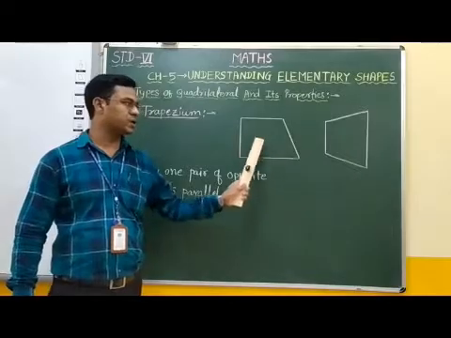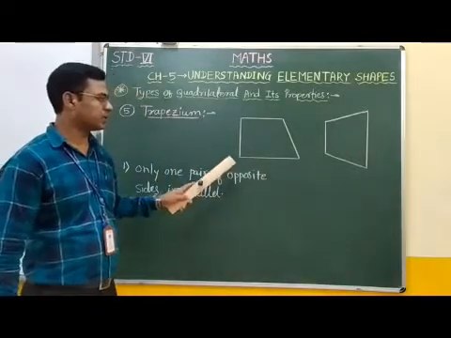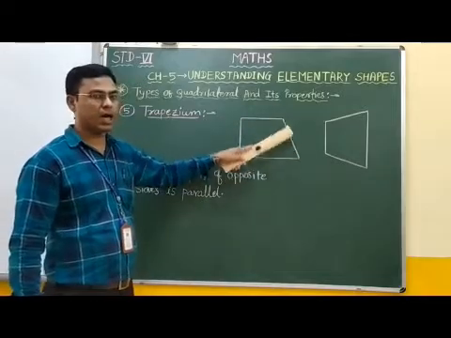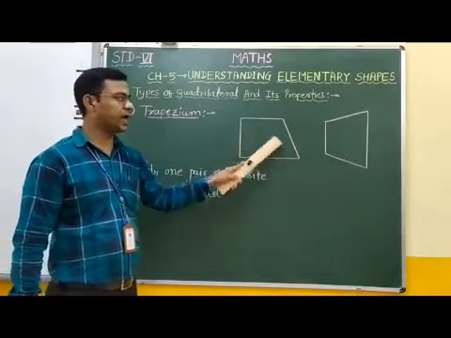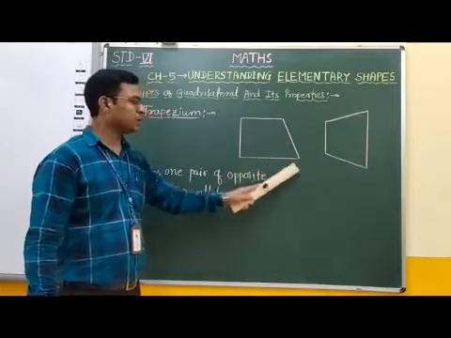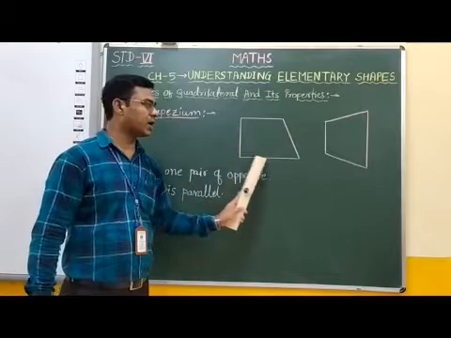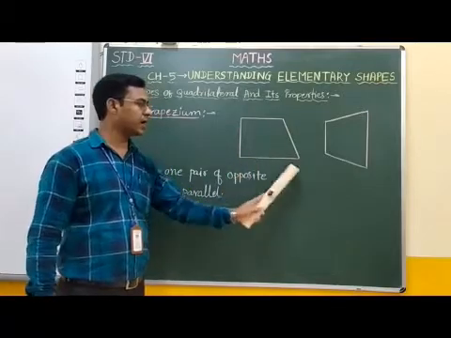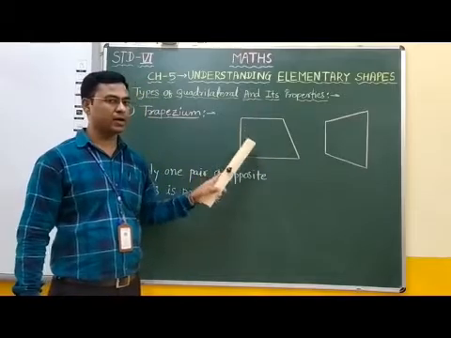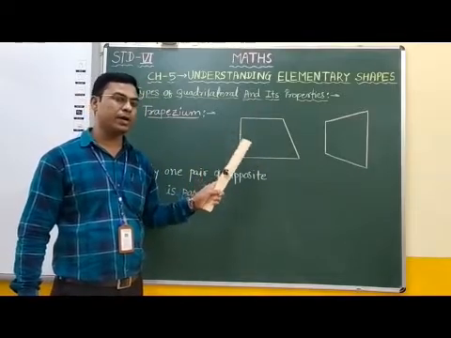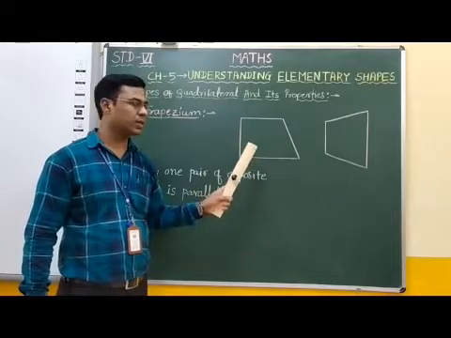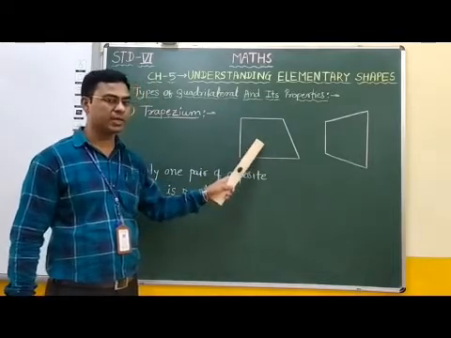If you observe these two figures, in the first figure these two sides are opposite sides, but they are not parallel. But these two sides are opposite and they are parallel. Therefore, in this quadrilateral, only one pair of opposite sides is parallel. Therefore, this figure is a trapezium.